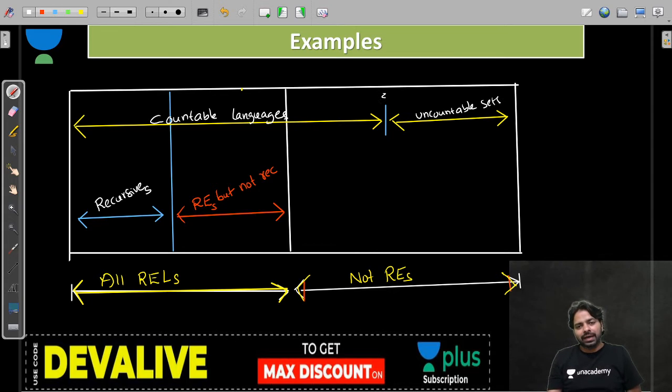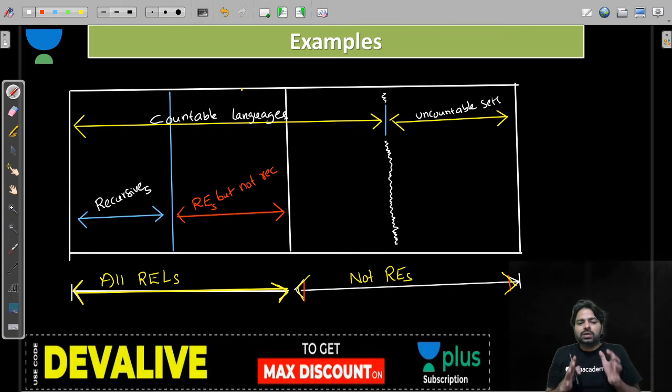So you can put a barrier here. And you need to connect well which languages are countable, which are uncountable, which are recursively enumerable, which are not recursively enumerable.